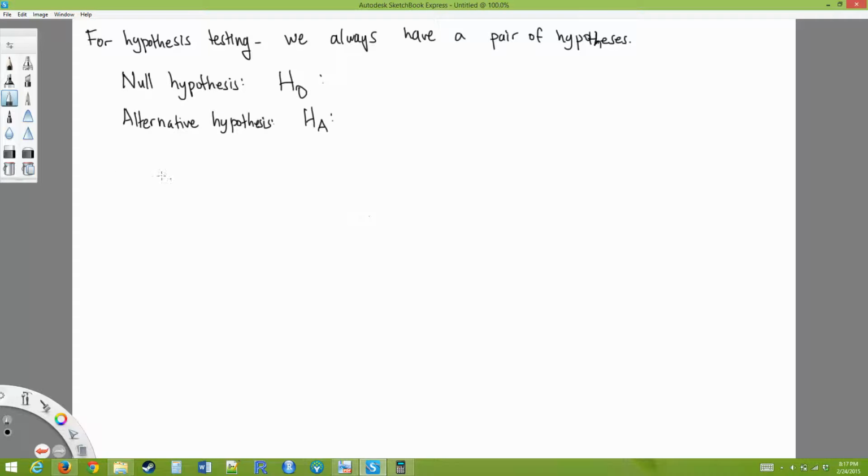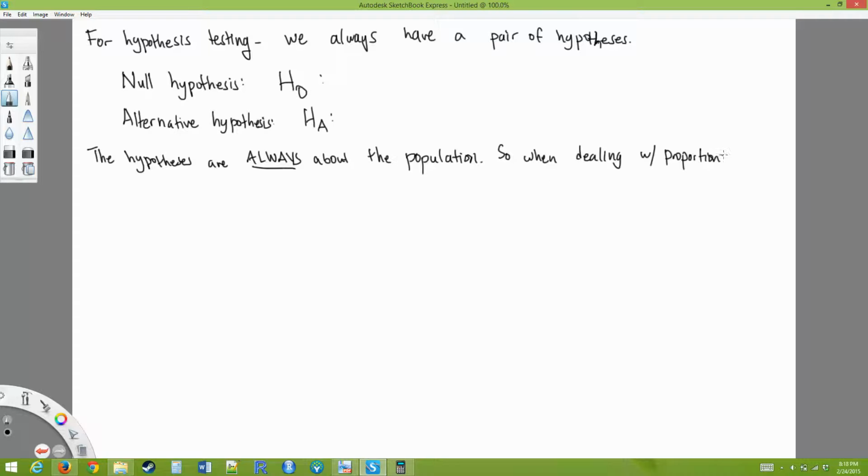The hypotheses are always about the population. Okay, so when we are dealing with proportions, the hypotheses will always have P, okay?